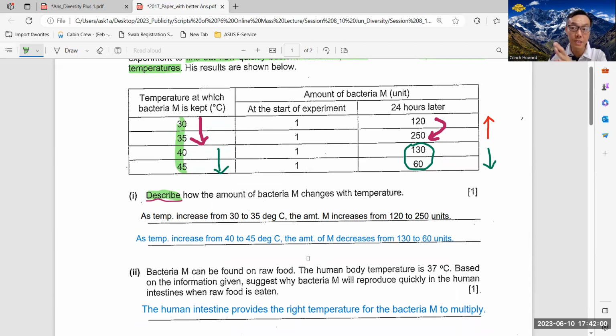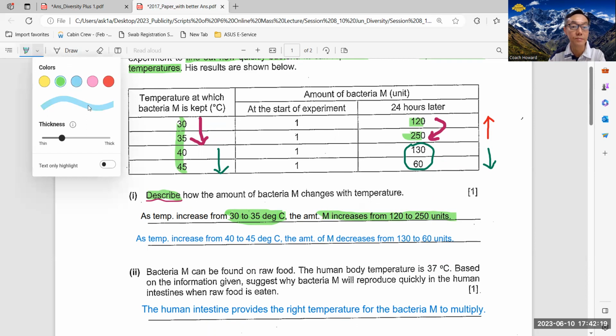To be very specific, actually there are two patterns there, if you notice. As temperature increases from 30 to 35, the amount of bacterial M increases from 120 to 250 units.